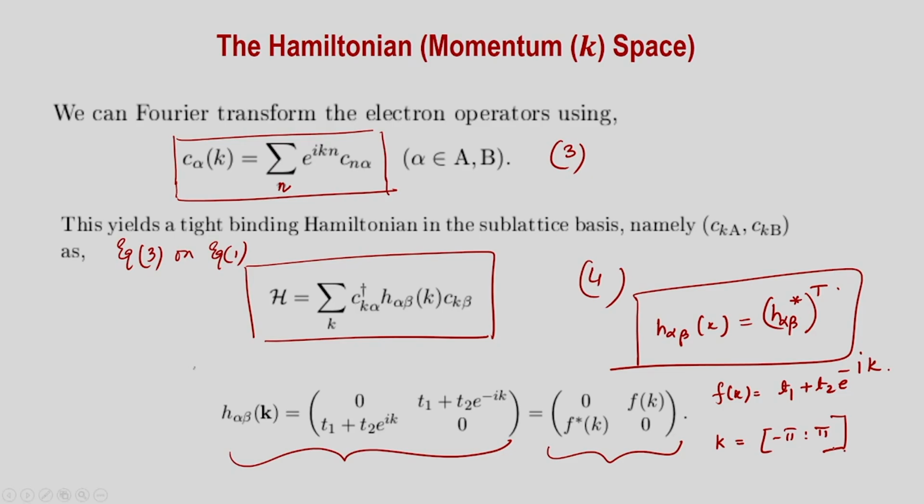You can connect it using periodic boundary conditions, but this is a very simple model where we are almost at the last stage of calculating the energy. But as we know, calculating only the energy is not sufficient; we have to also talk about the topological properties. At least first calculate the energy.